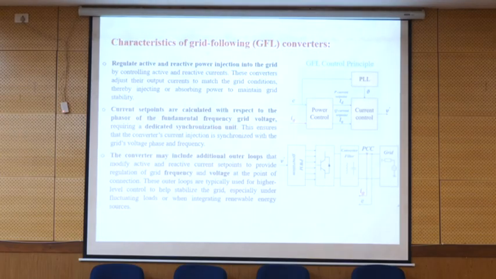So now we get back again to the characteristic of the grid following converter. We normally use the PLL when we are in grid connected mode. Basically, we can regulate the active and reactive power of the system based on the control of the active and reactive current.